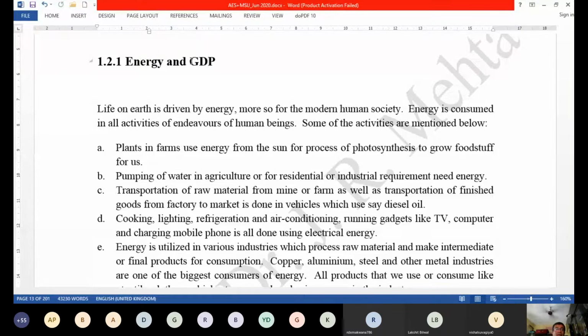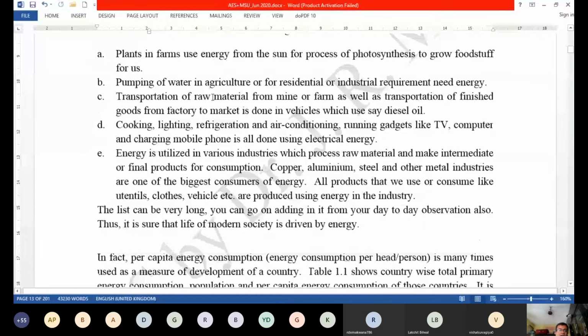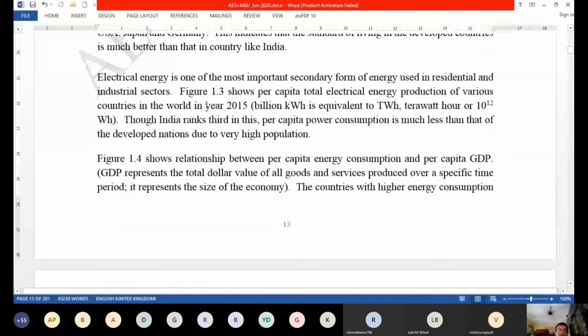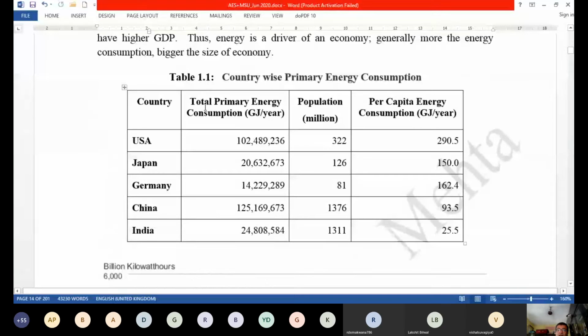Then because of this pandemic, it's going to slow down, and now it may grow just at 4% or things like that, right? So product and services, if you find its value, then it's nothing but the GDP. That GDP is related with energy consumption, as you will see in one of the graphs.